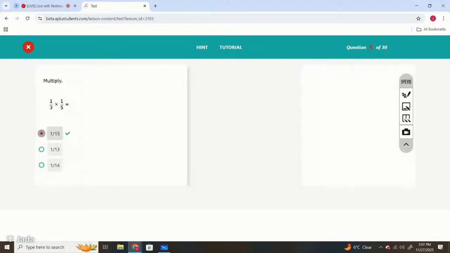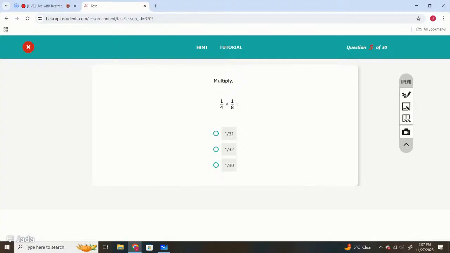So option number 1 is the correct option, that is 1 by 15. Multiply 1 by 4 times 1 by 8. 1 times 1 is 1 and 4 times 8 is 32. So the correct option is 1 by 32. Option number 2 is the correct option.